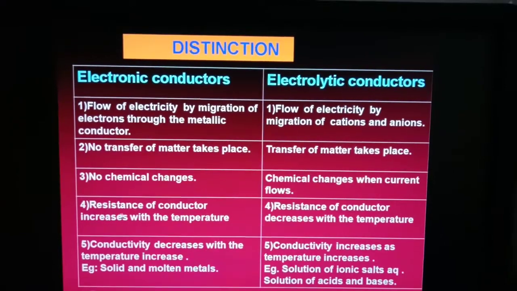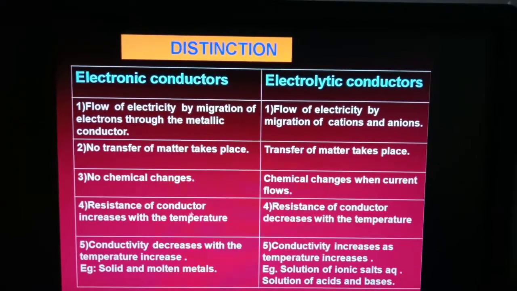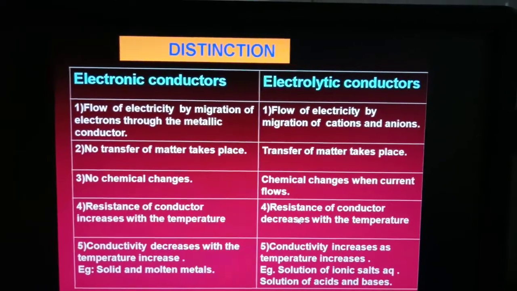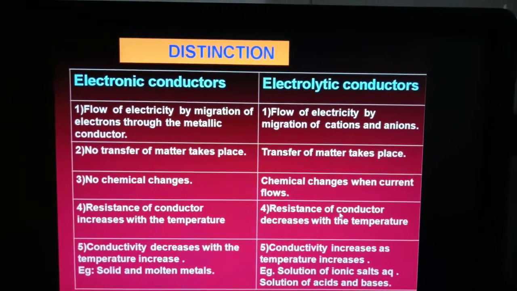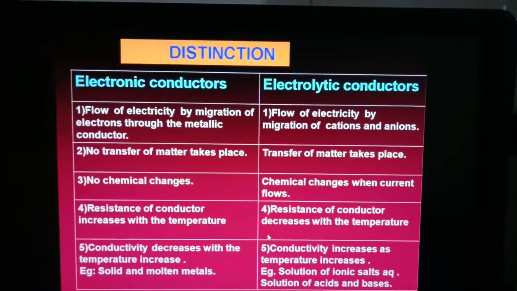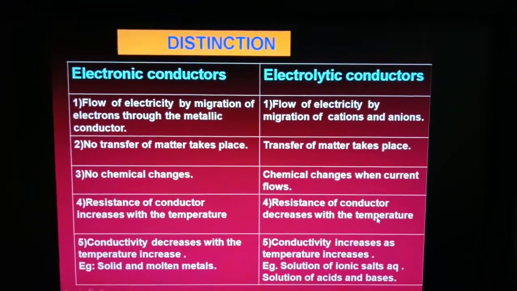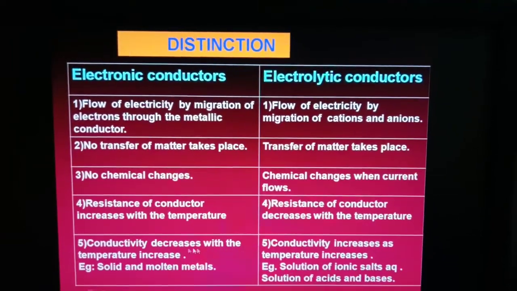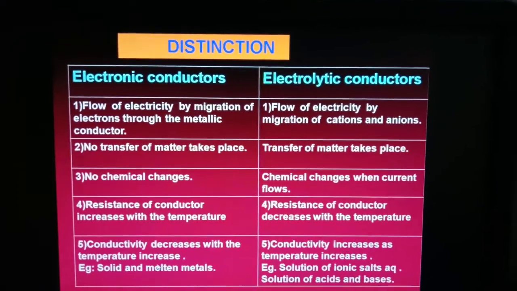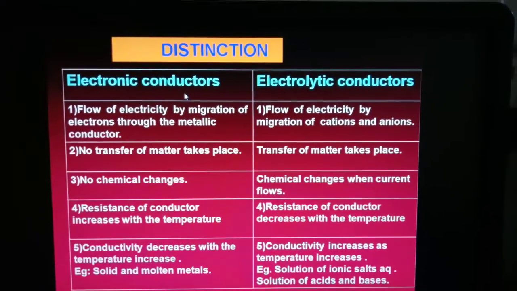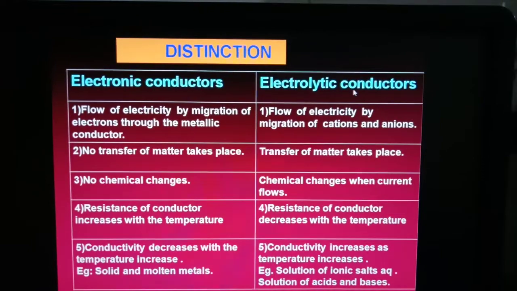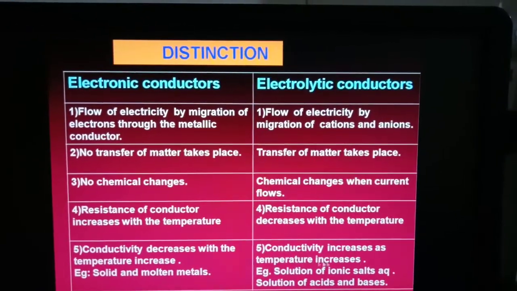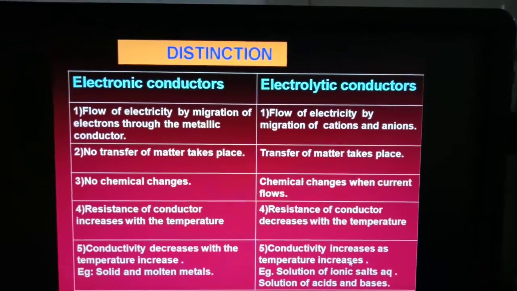In electronic conductors, resistance of conductor increases with increase in temperature. In electrolytic conductors, resistance of conductor decreases with increase in the temperature. Conductivity decreases with the temperature increase in electronic conductors, whereas in electrolytic conductors, conductivity increases as temperature increases.